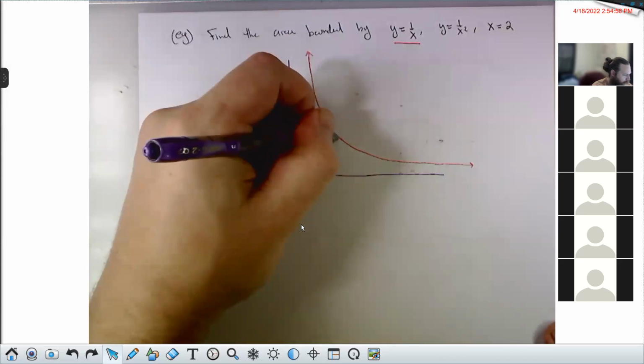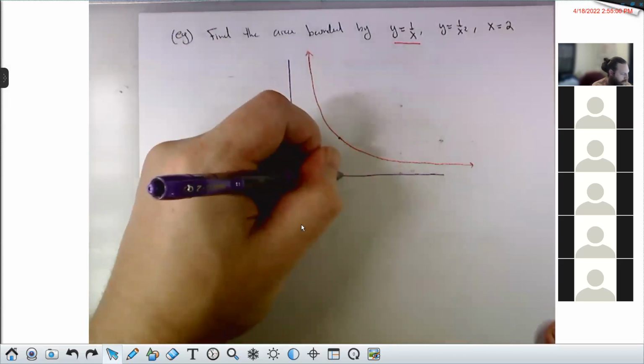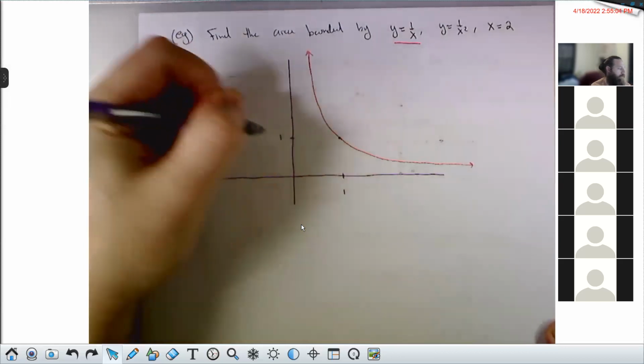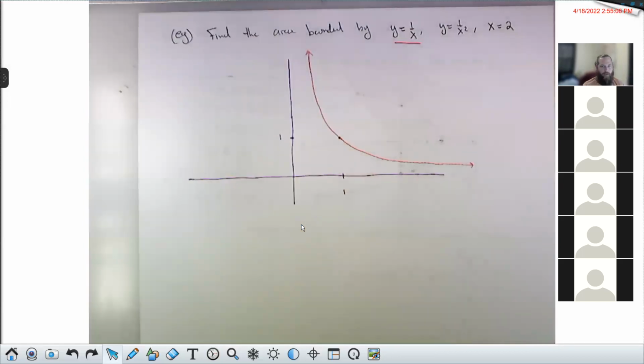I'll mark this point as 1, 1. What does 1 over x squared look like compared to 1 over x?